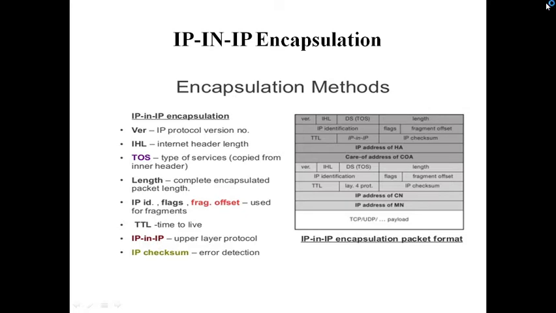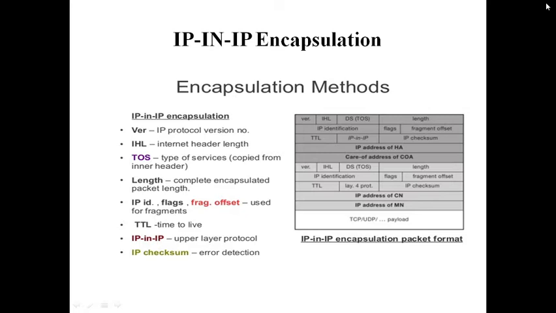Here the IP protocol version number is 4. And the next one is IHL. IHL is nothing but internet header length. It denotes the length of the outer header in 32-bit words. The length of the outer header is indicated by this IHL, internet header length, in 32-bit words.